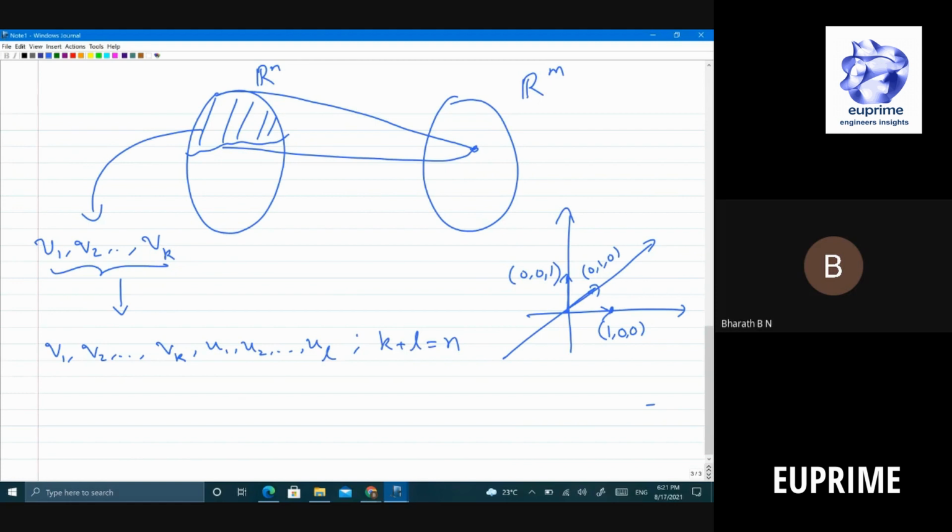For example, I have a basis for the entire Rn, and I have a basis for the subspace. So what am I going to do? I'm going to take one of the elements in the basis of Rn and replace it with one basis vector of the subspace. The second I'll replace, the third, and so on. I'll replace at least a bunch of them. Now what do I get? I still have a basis for Rn.